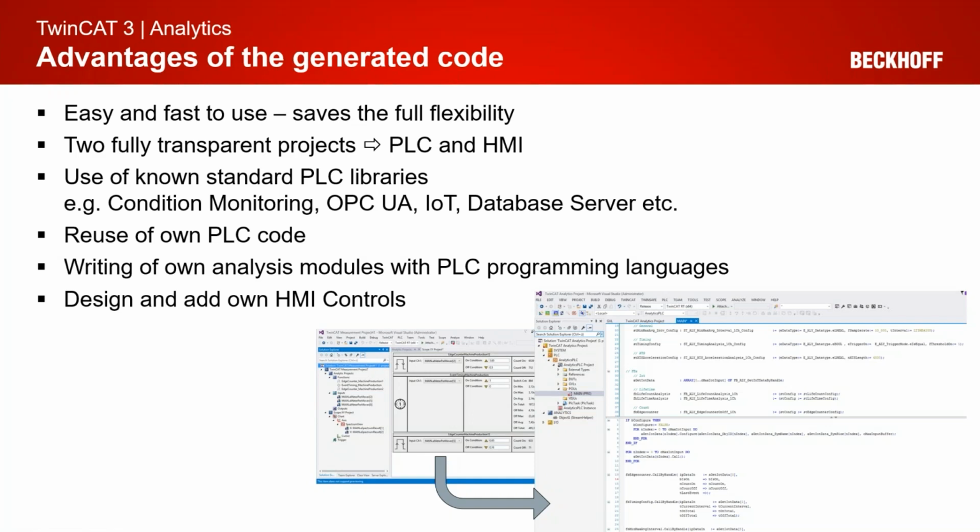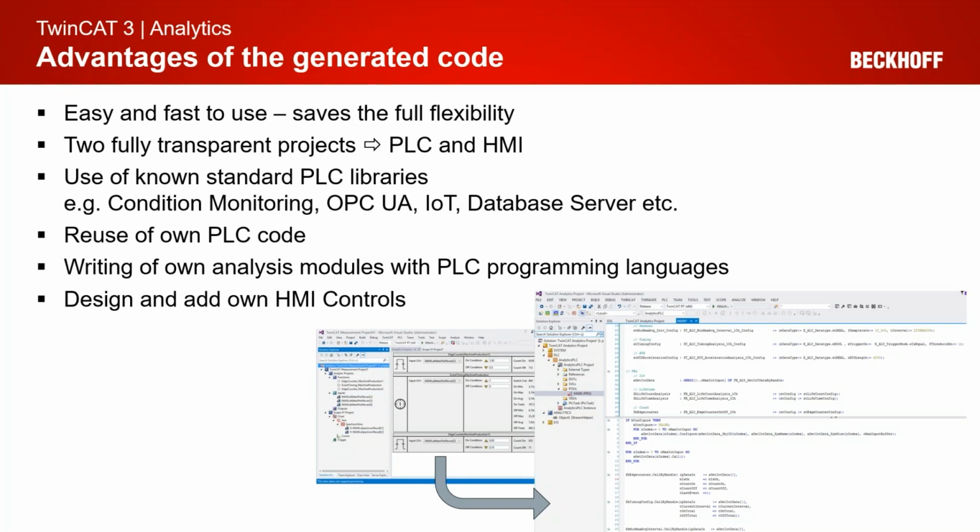But it saves the full flexibility because you get two fully transparent projects, the PLC project and the HMI project. There's no black box code, not encapsulated in modules or something like this. It is just structured by folders and POUs, programming units in the PLC. And we have the HMI controls and the complete content available in the HMI project. So you can make your own changes.